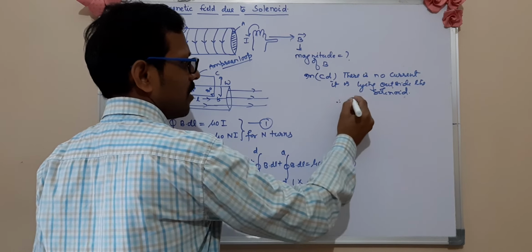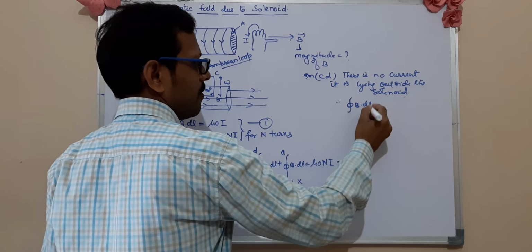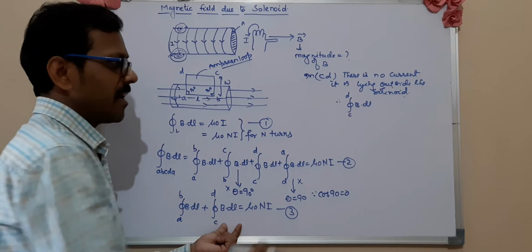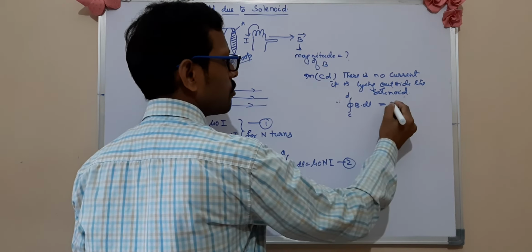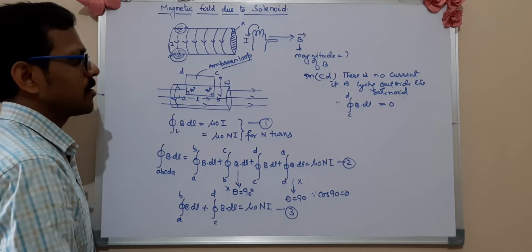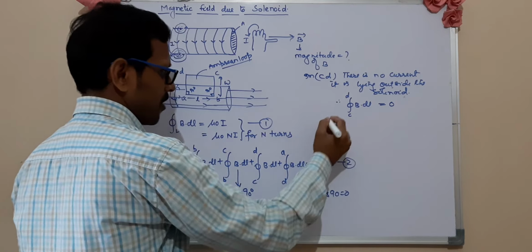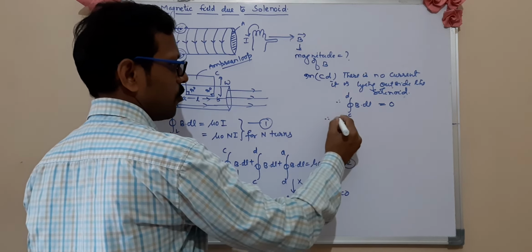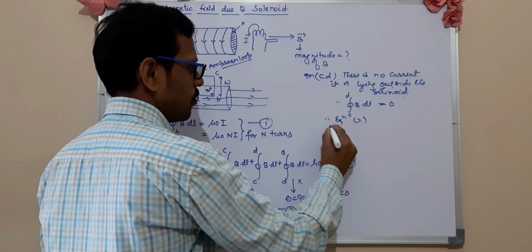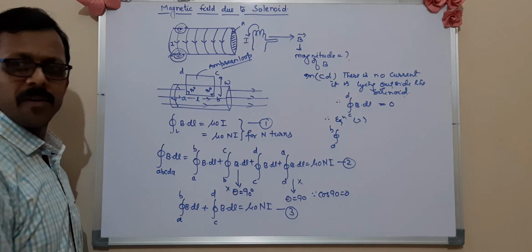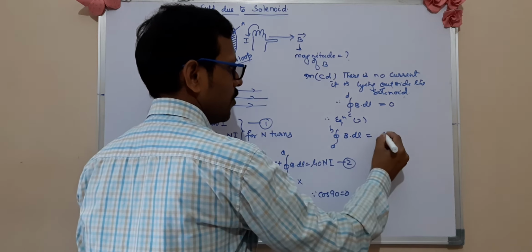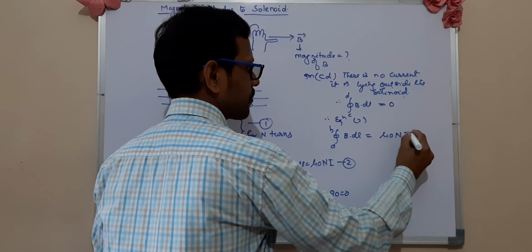So this term B dot dl from C to D is also equal to 0, because there is no current outside the solenoid. So the only term left in equation 3 is A to B, the arm AB of the Amperian loop, equal to mu naught N I.